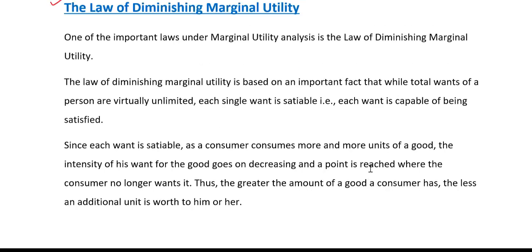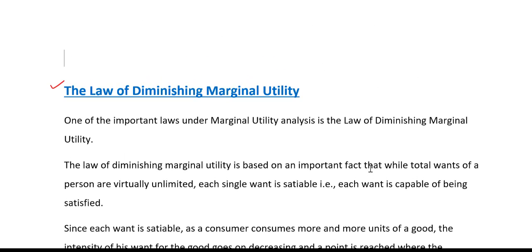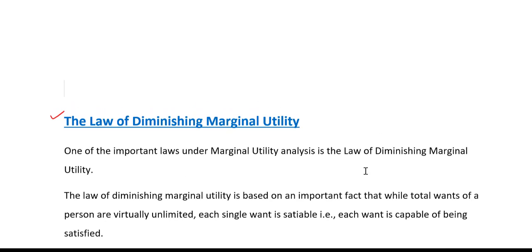So as and when we consume more units of the same commodity, the total utility will be there, but the marginal utility will keep on diminishing. Fine. So write along with me.